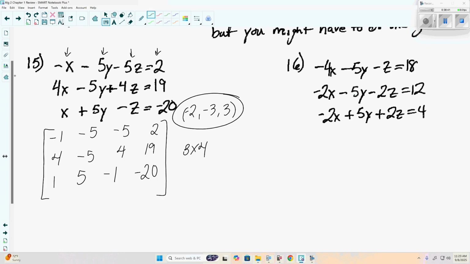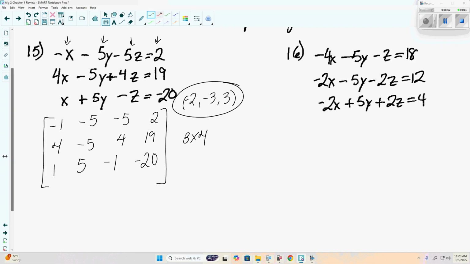So I'm going to go back through number 16 on how to plug this in. So if you want a calculator or want to write these steps down, it might be helpful. First thing we want to do if we're solving this by the calculator is to write it as an augmented matrix. So our numbers go across the top: x, y, z, then negative 4, negative 5, negative 1, 18.